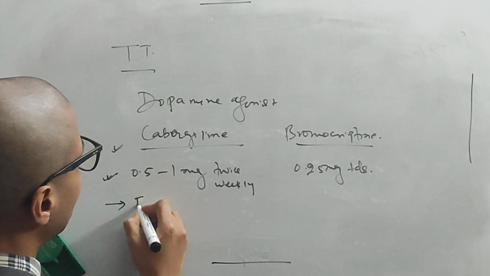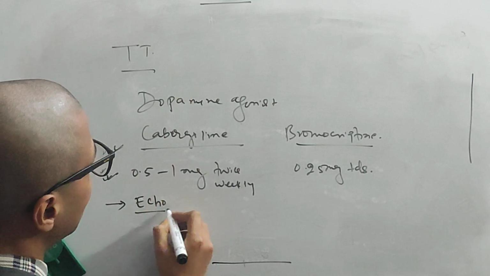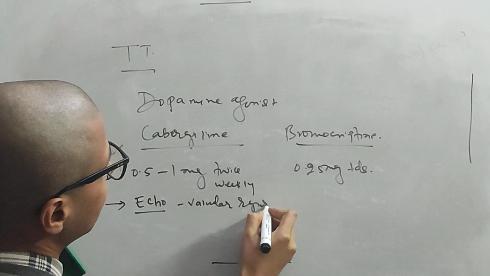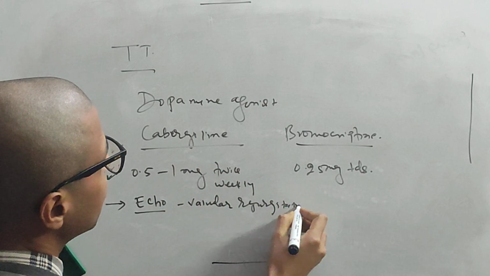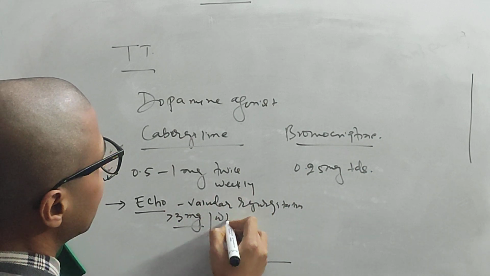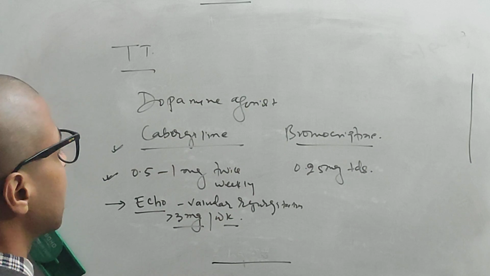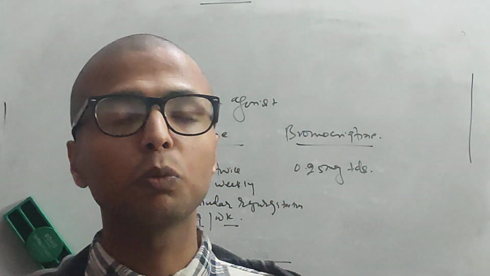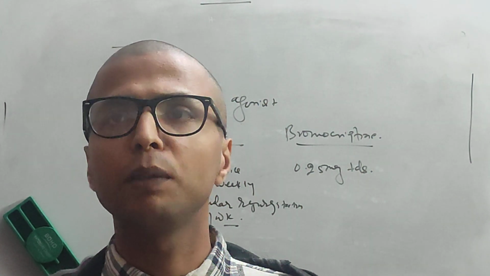But before giving cabergoline, you have to do an echo to rule out valvular regurgitation. If the dose exceeds 3 mg per week, then there is high risk of valvular regurgitation. Generally, for hyperprolactinemia management, we don't give such a high dose, greater than 3 mg per week.